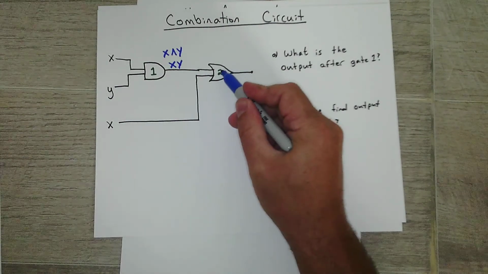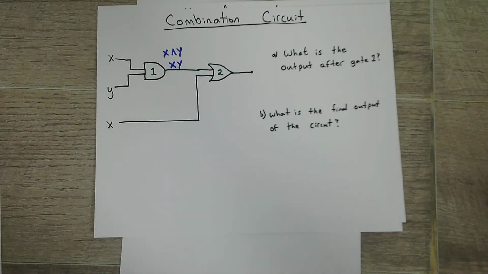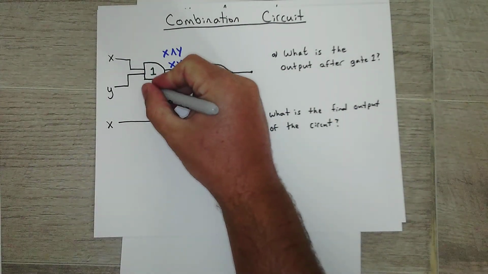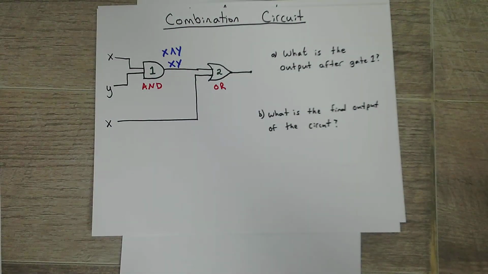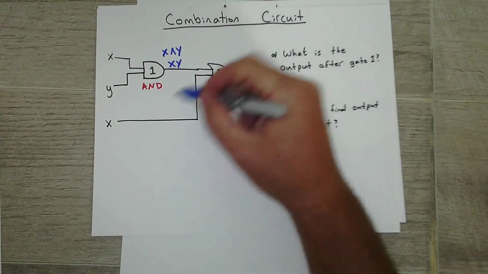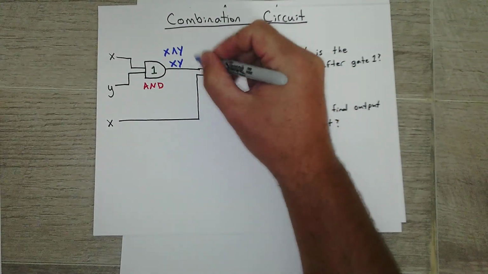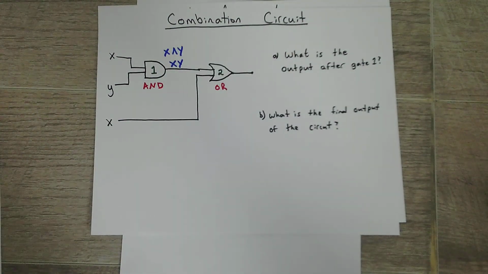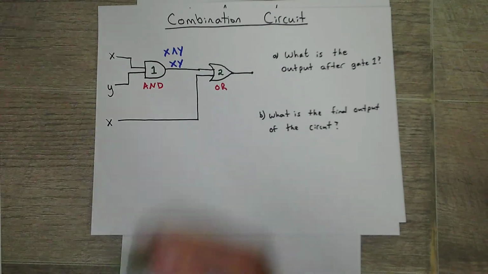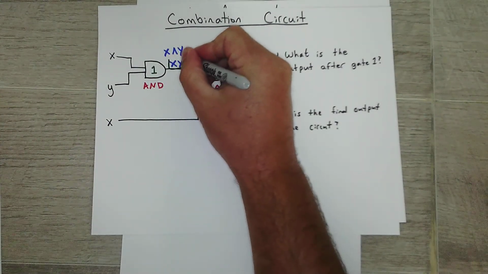So now we have an OR gate. Remember this was an AND gate. This is an OR gate. So what are the two inputs? We have X as an input, and then this input is whatever the output of 1 was. So we have an output of XY from gate 1.